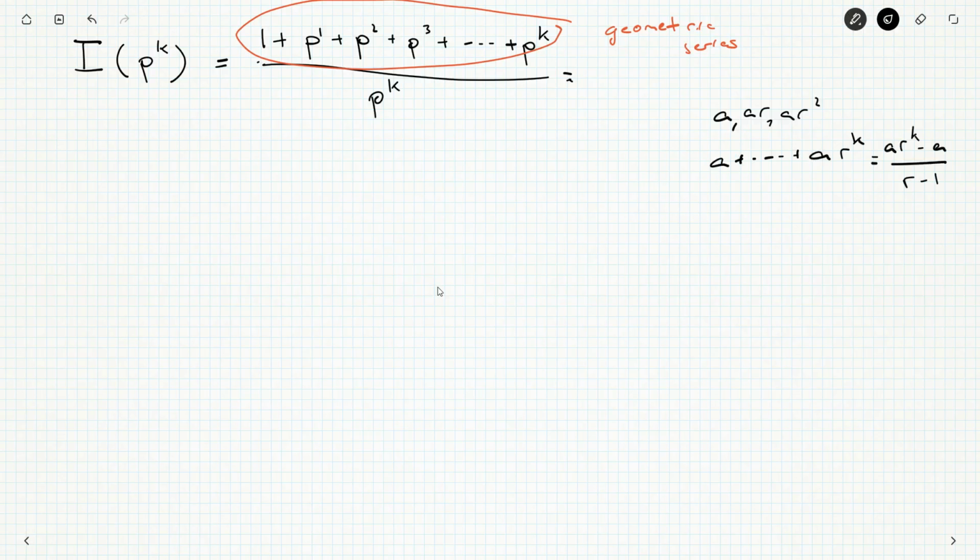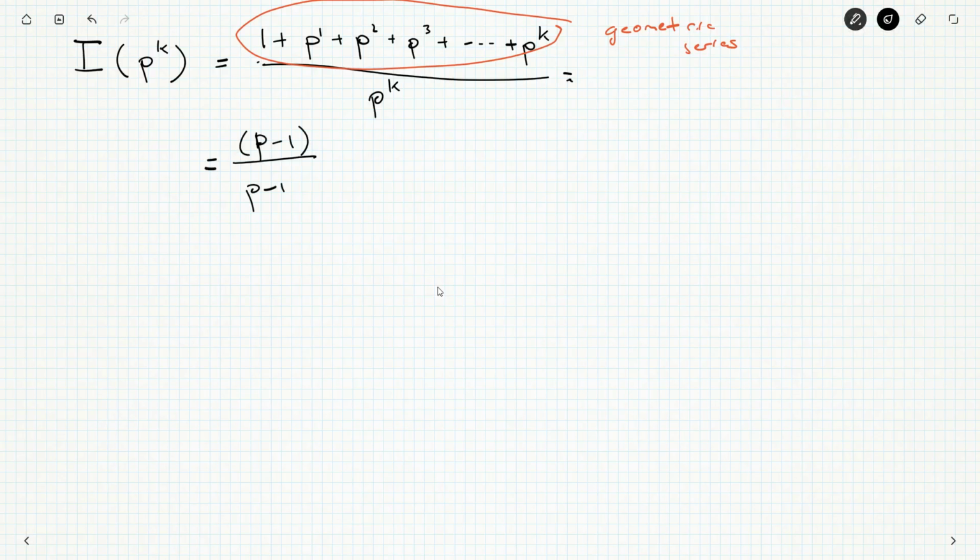Anyway, what we can do here is we can say a is 1. Really, the easiest way to do this is just multiply the top and bottom by 1 minus p. Or, sorry, p minus 1. Over p to the k, and so we'll get minus 1, we'll get p to the k plus 1.